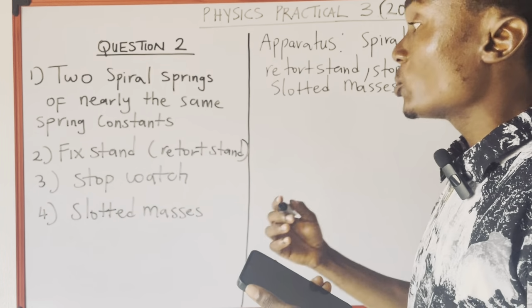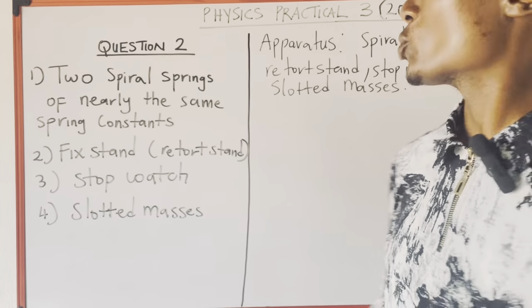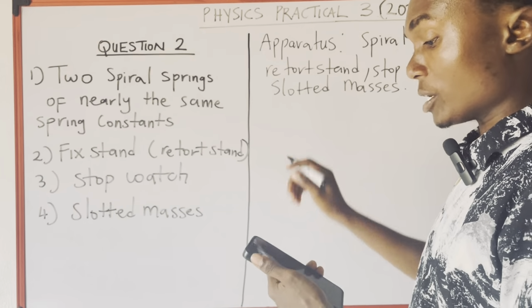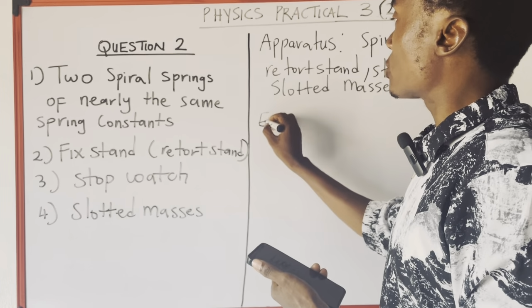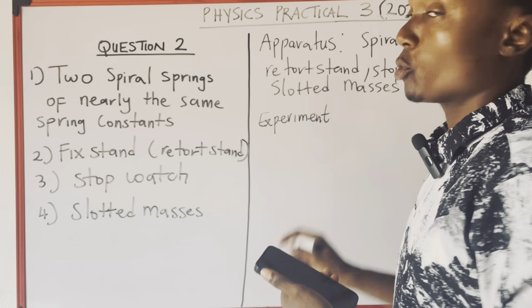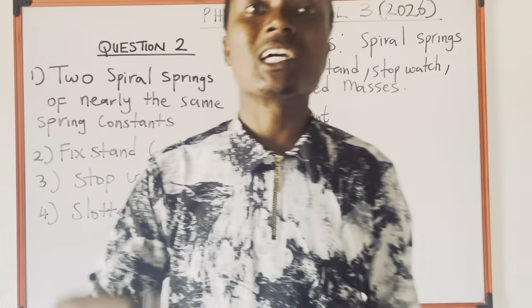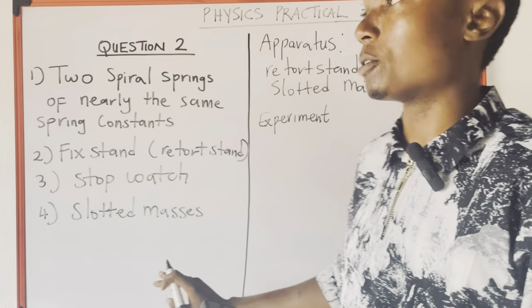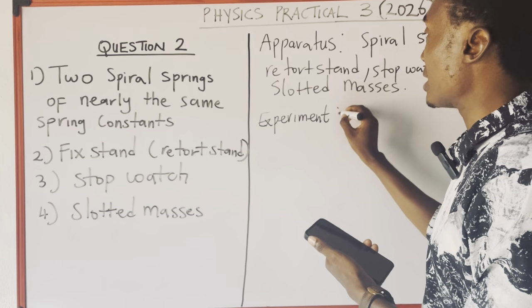So take note, I said likely question. The question we're going to see from here, the experiment is going to come like this. We're going to bring out up to like 3 or 4 experiments for this particular question. So the first experiment is going to be like this.